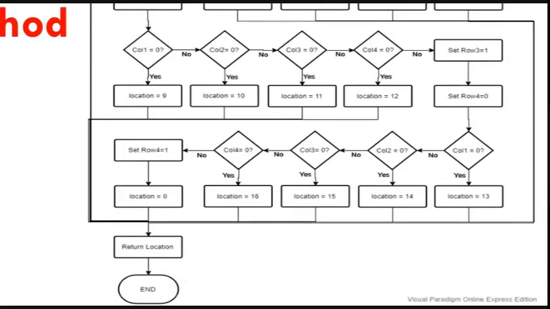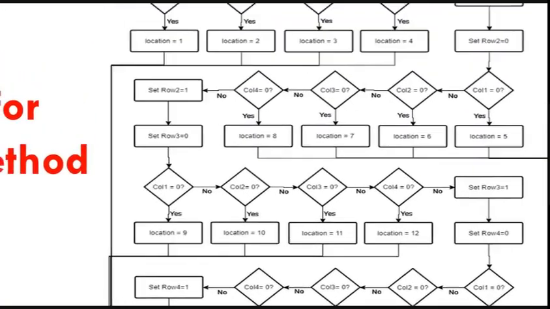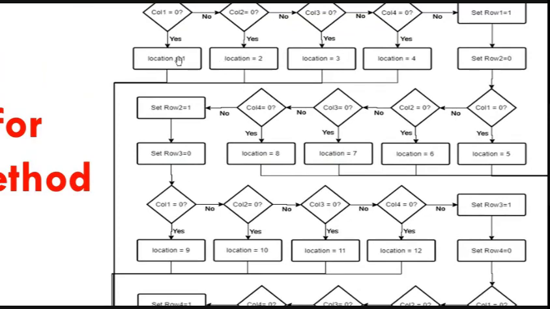So basically, the key scanning will just return the location of the key being pressed. You can see from here that the location does not directly represent the key number.